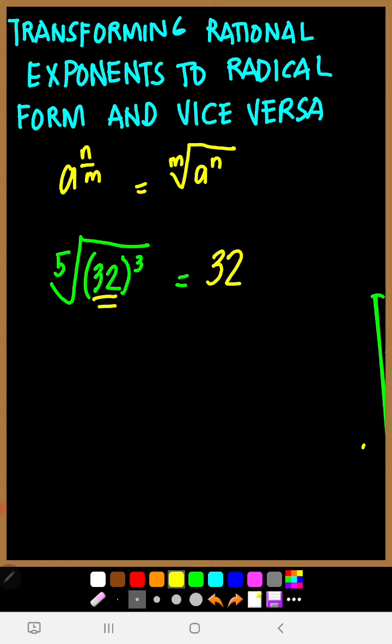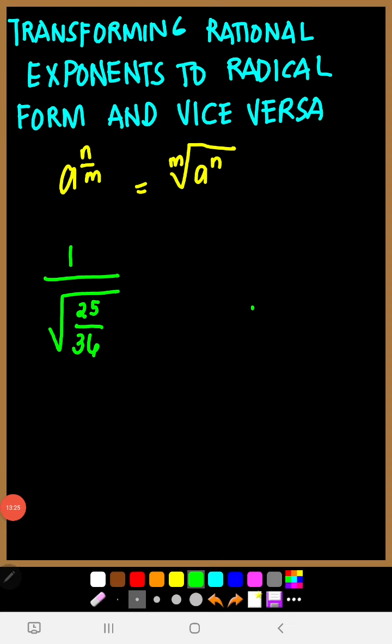And then yung exponent natin is 3, yan yung numerator ng exponent. And then yung index natin is 5, so that is the denominator of the exponent. So the rational exponent of 5th root of 32 cube is equal to 32 raised to 3 over 5.